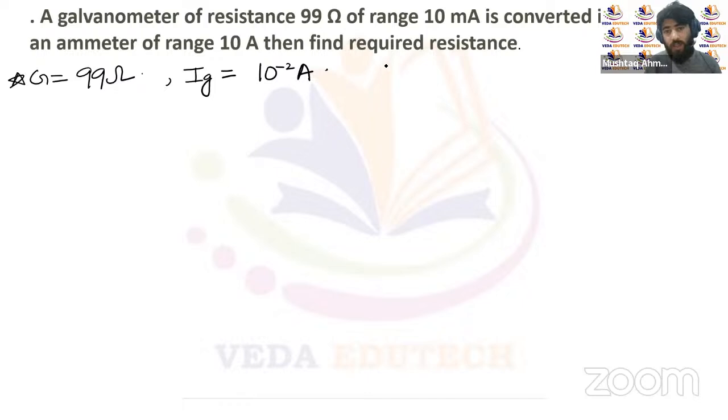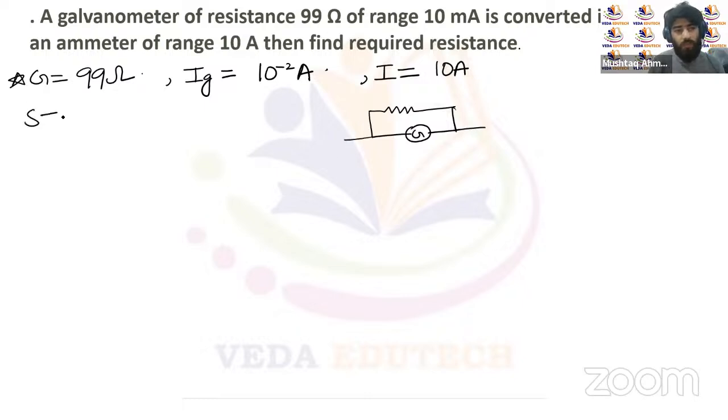So I is the current that will be measured by this ammeter, and it should have a range of 10 amperes. So 10 amperes is the value of I. Then find the required resistance. The required resistance is the shunt resistance we should place parallel to this galvanometer. That is, S is equal to G upon N minus 1.